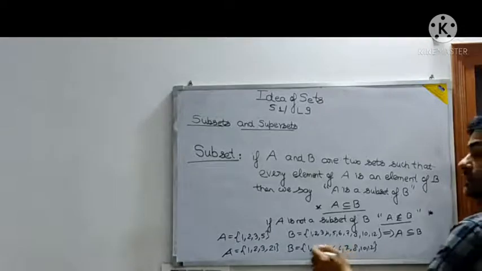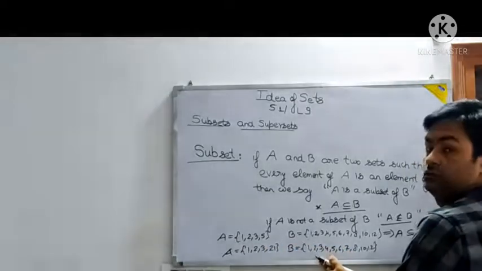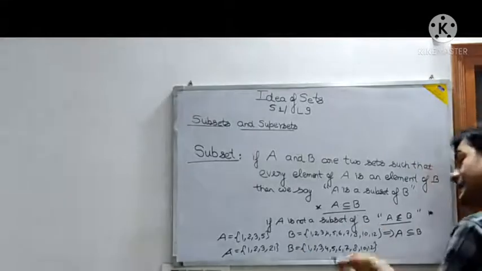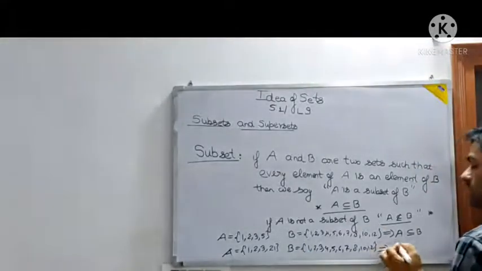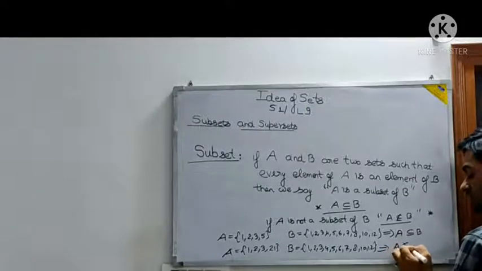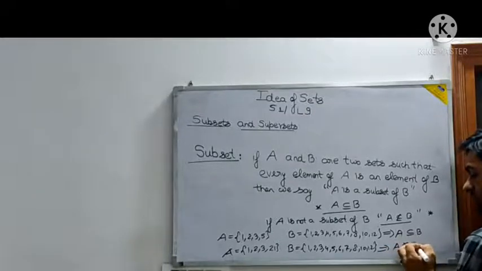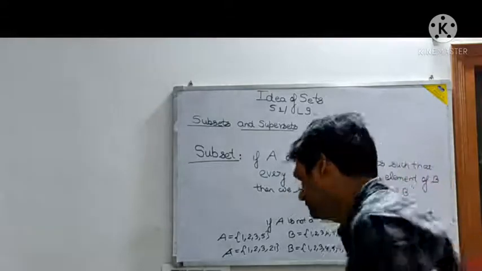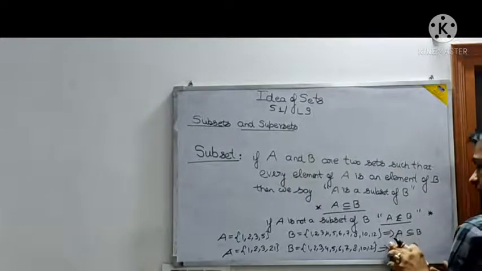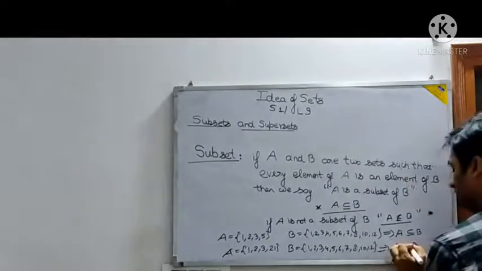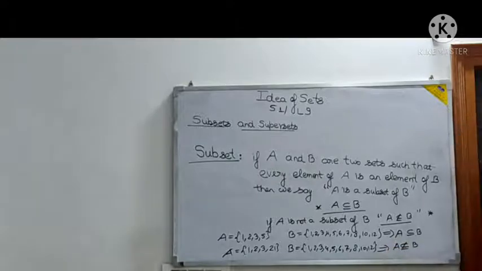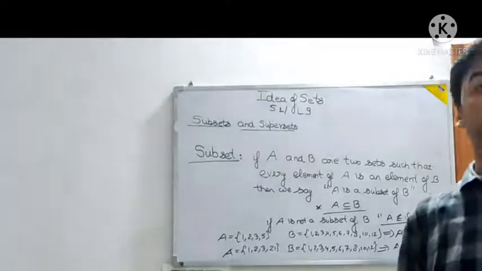In that case, though 1, 2, 3 are there in B also, 21 is not in B. In that case also we will say the same thing, that A is not a subset of B. I hope this makes things clear.